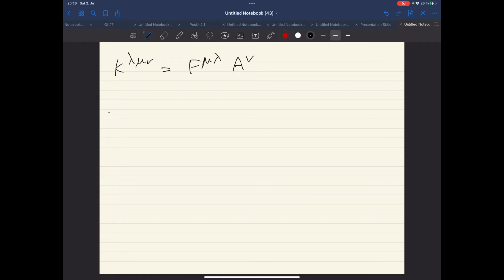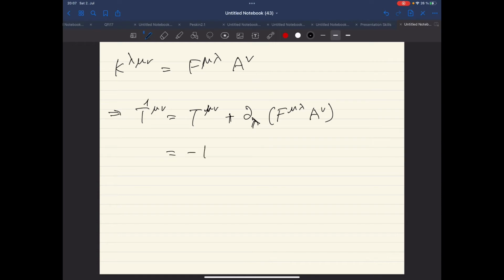As I said, now the new energy stress tensor T hat mu nu is equal to the old one, T mu nu, plus d lambda F mu lambda A nu, which is equal to, now I write explicitly what T mu nu is.